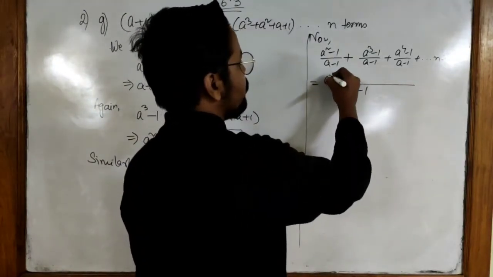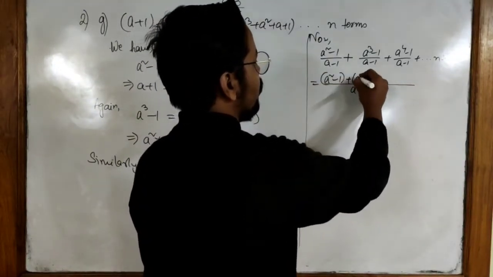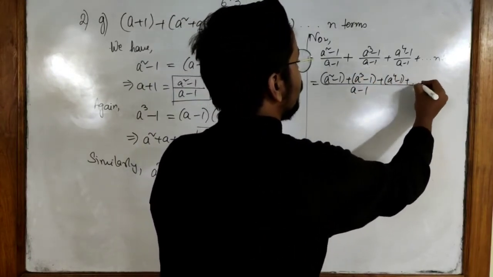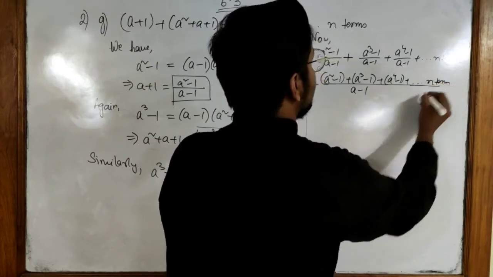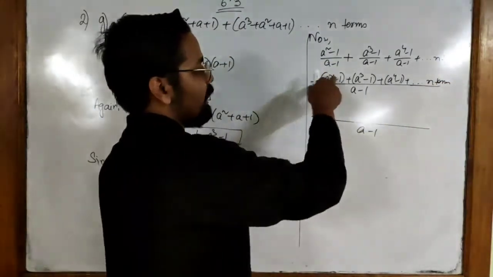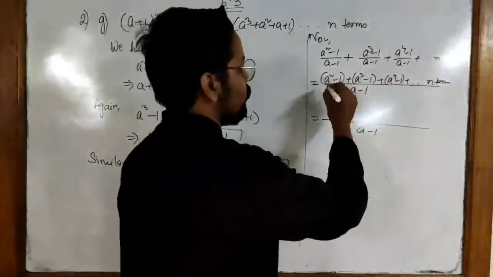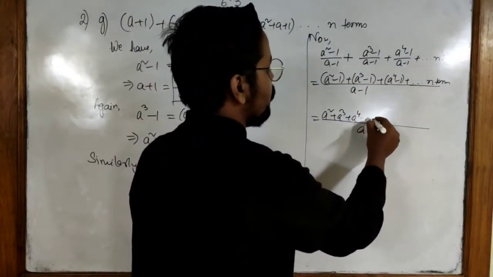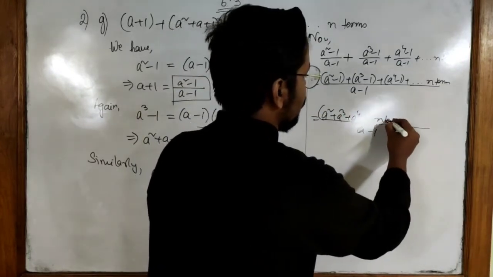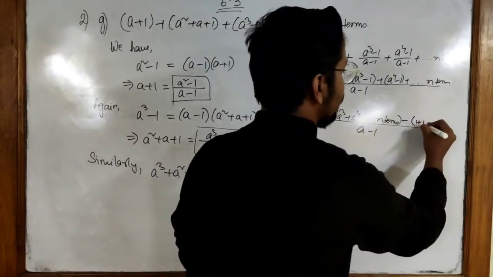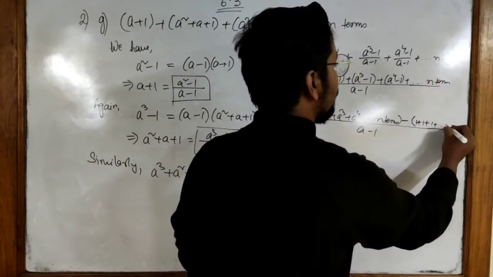So here we have a square minus 1, a cube minus 1, a to the power 4 minus 1 up to n terms, denominator remains the same. Now we can arrange all the a's together and all the 1's together. So we have a square plus a cube plus a to the power 4 up to n terms, minus 1 plus 1 plus 1 up to n terms.